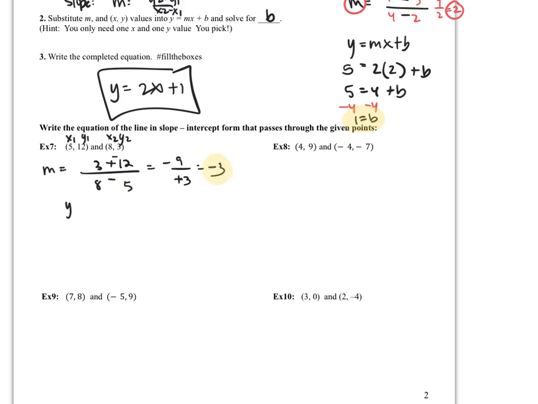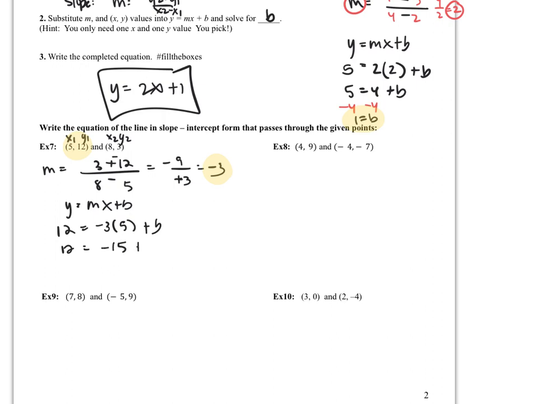For my second ingredient, I'm going to do y equals mx plus b, and I could change y to 12. That just means I'm using this ordered pair here. M has to be replaced with negative 3 because that's my slope. X can get changed to 5, or has to get changed to 5 because I chose to use 12 for my y, plus b.